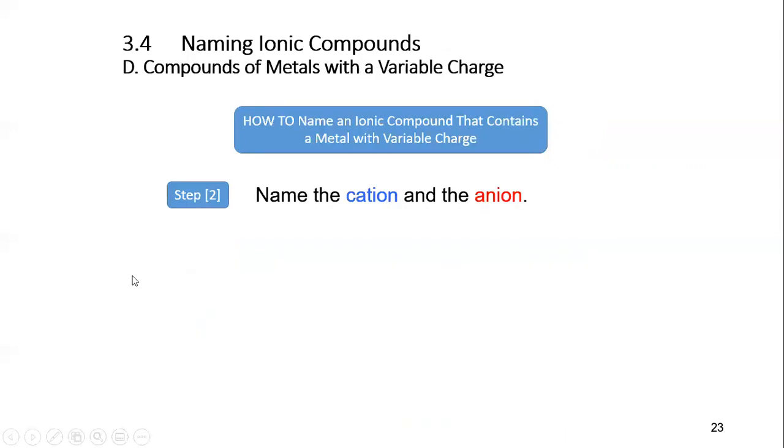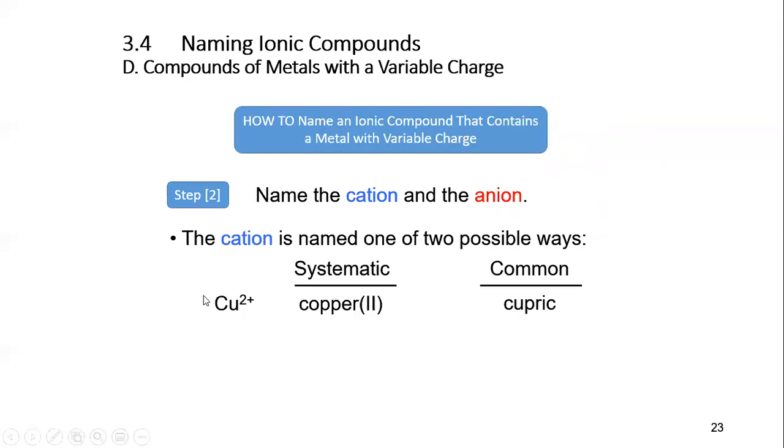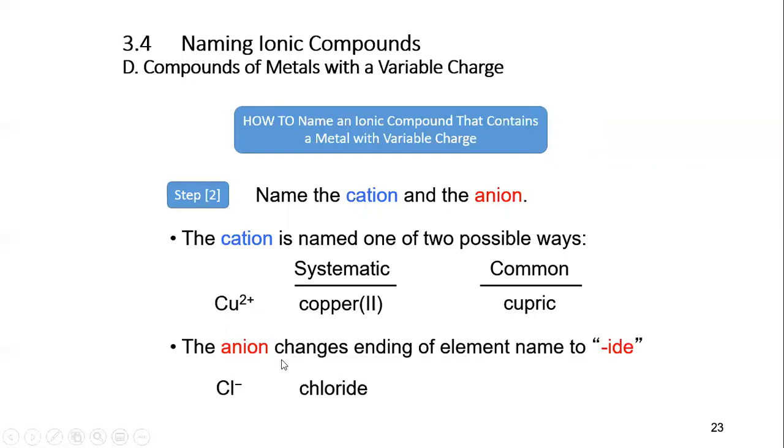Now that we know the charge of the cation, we can write the name of the cation and the anion. For the cation, we can do it 2 different ways. Since it's copper, it can be copper 2, or it can be cupric, because +2 is the higher charge of copper. The anion, we add the ending IDE to it, becomes chloride.